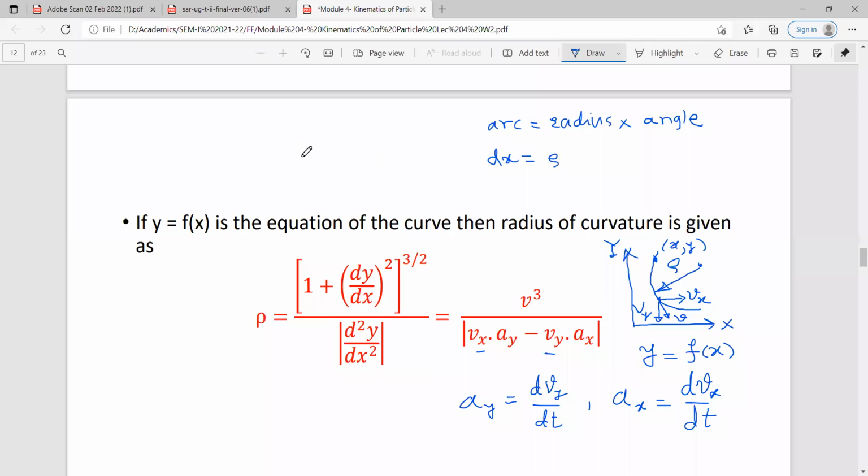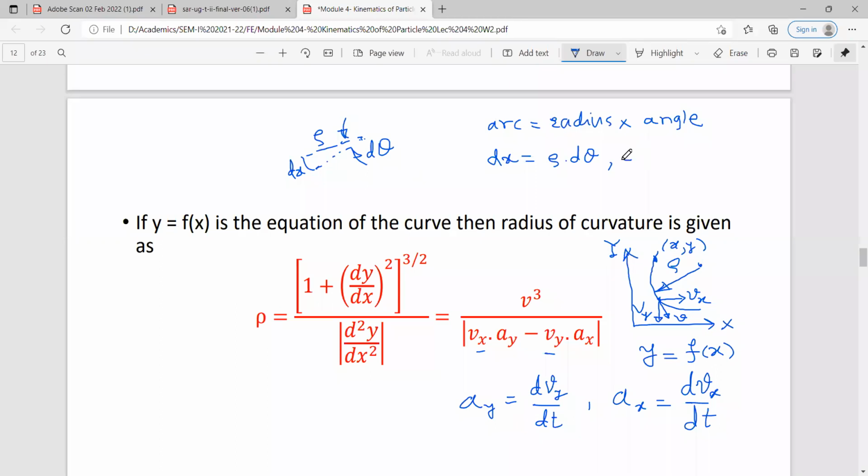We have considered a very small curve, so it will be as good as a line dx. And how much angle does this curve make at the center? That is d theta. Say rho is the radius of curvature, so we can say dx is equal to rho d theta.